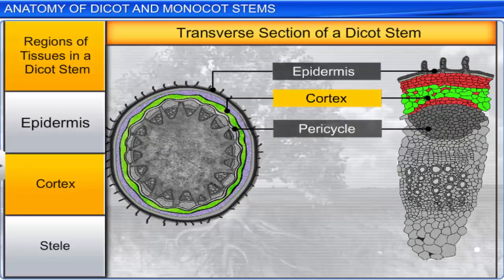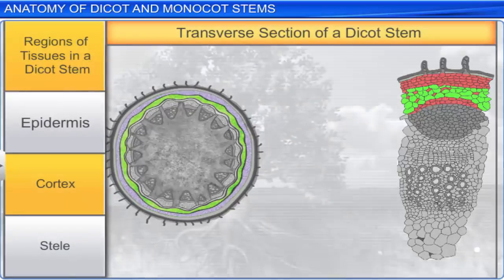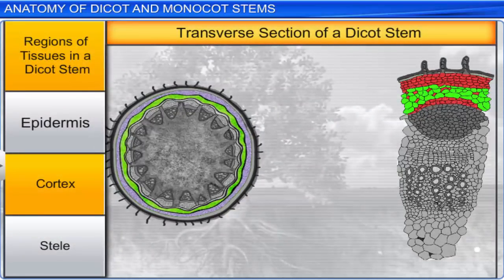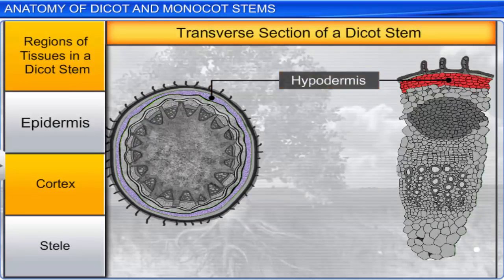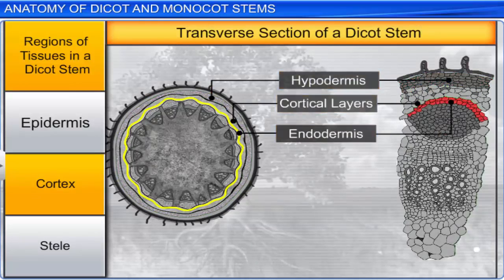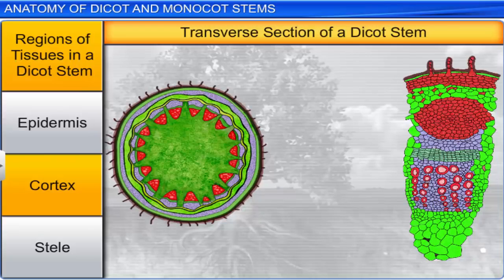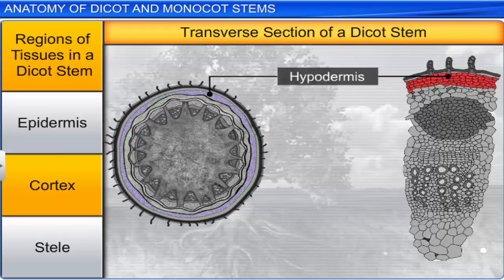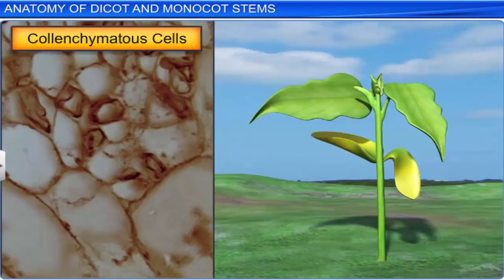The cortex comprises three subzones, namely the hypodermis, the cortical layers, and the endodermis. The hypodermis is the outermost zone of the cortex, which consists of a few layers of colenchymatous cells. These cells strengthen the young stem of a plant.